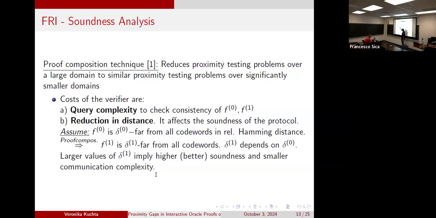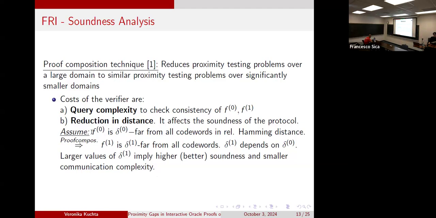So the cost of the verifier depends on those queries in the round consistency check, to check the consistency of Fi and Fi plus 1. And another cost is the reduction in distance. This reduction of a larger proximity testing problem to a smaller one leads, of course, to a reduction in distance, and this affects the soundness of the protocol.